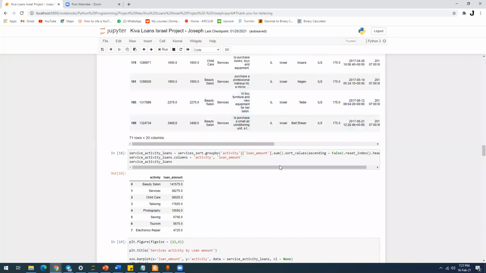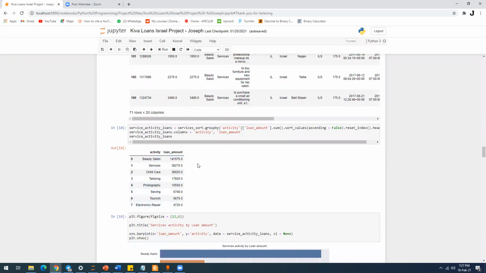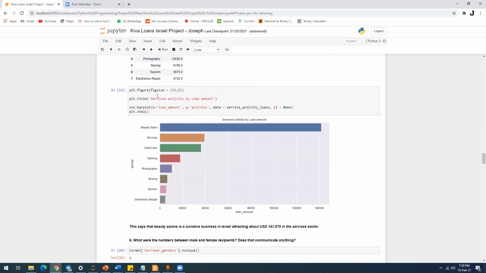From this, I did a sort and a sum so that I could get the top activity. We can see that in the services sector, beauty salon is the activity that had the highest loan amount. And plotting it down, you can see that beauty salon had the highest amount of loans in the services sector.